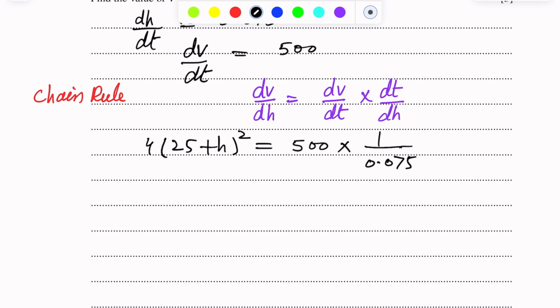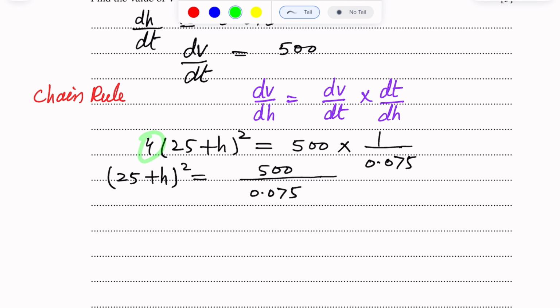So calculating, (25 plus h) whole squared is equal to 500 over 0.075 multiplied by 4. This 4 will come down into the denominator.